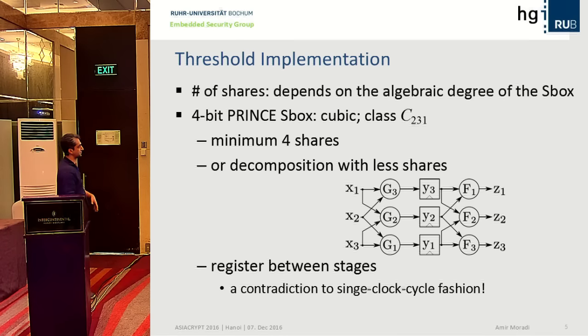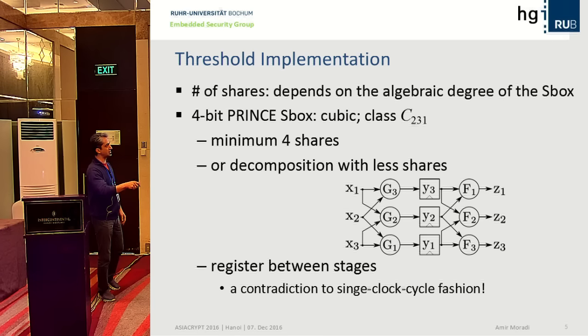Or you can decompose this cubic function into two quadratic functions, and then instead of 4 shares, you can implement it with 3 shares. And then you need to put a register in between.